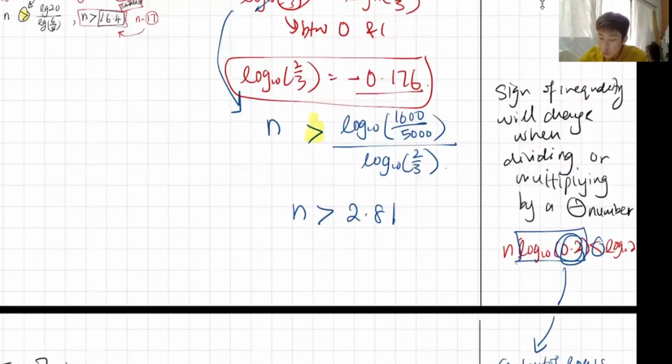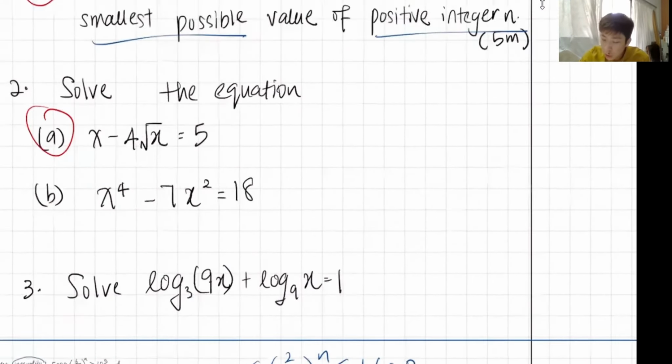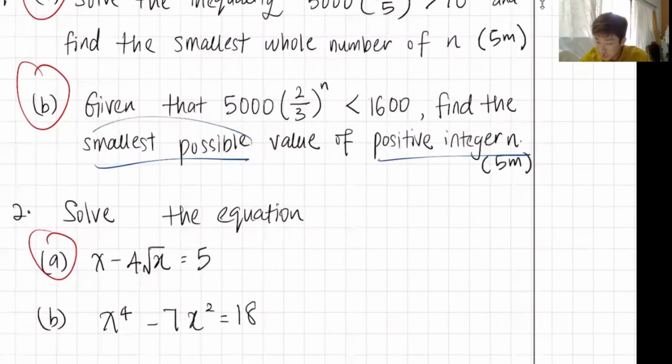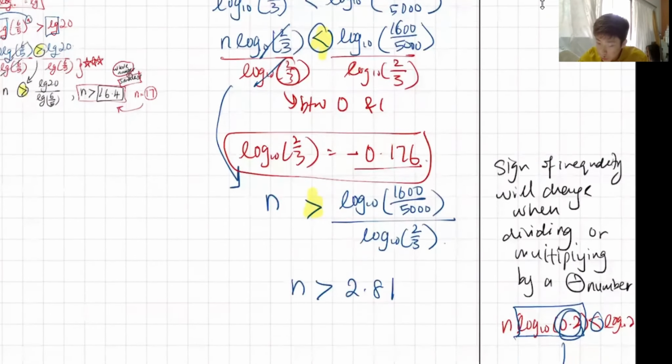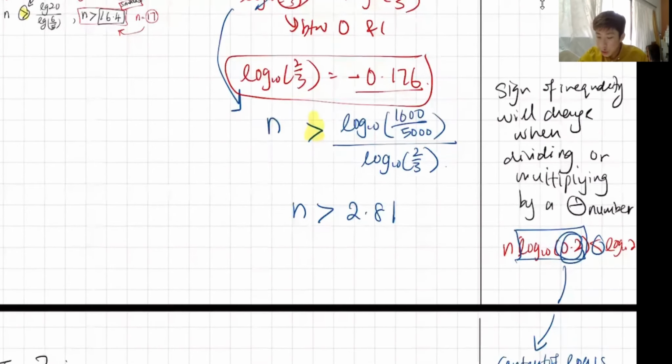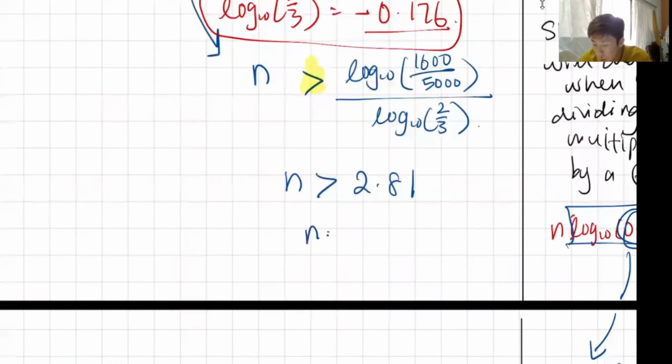So what is the question asking? They want the smallest possible value, and it must be a positive integer. So you want to find the smallest positive integer. This value, you must know that it starts from 3 onwards. n can be 3, 4, 5, because they want positive integer.